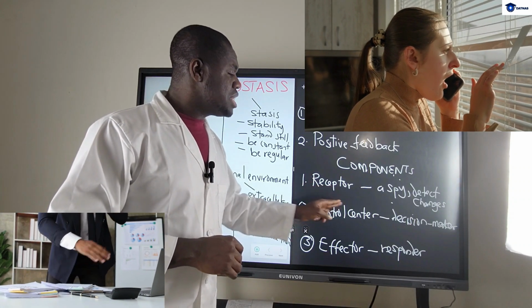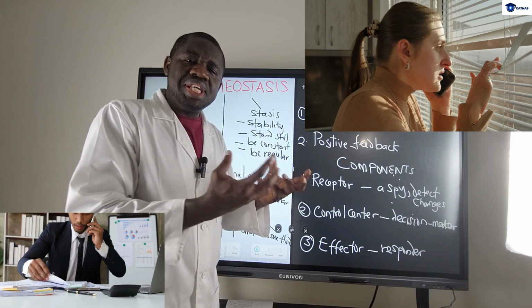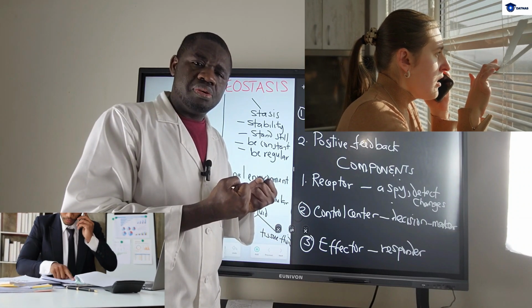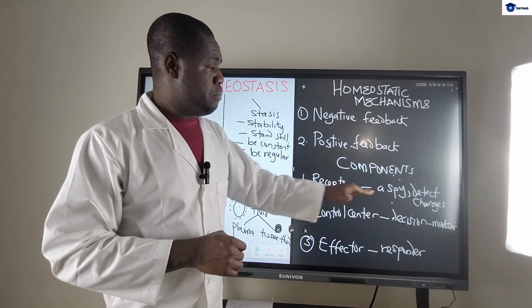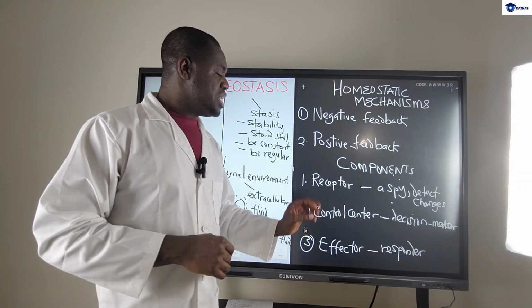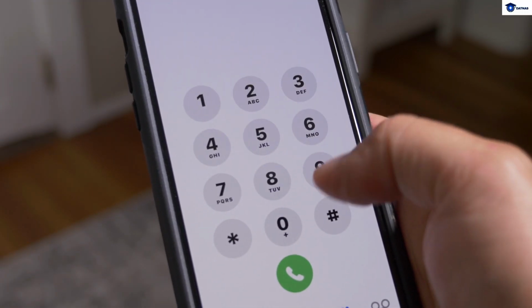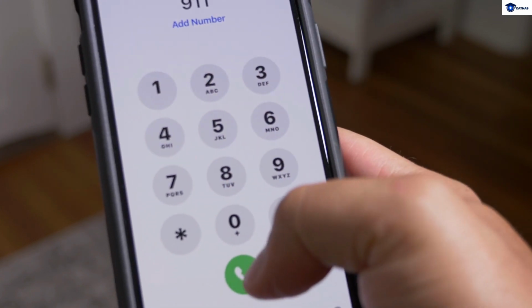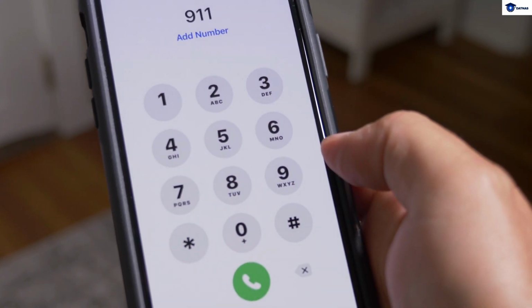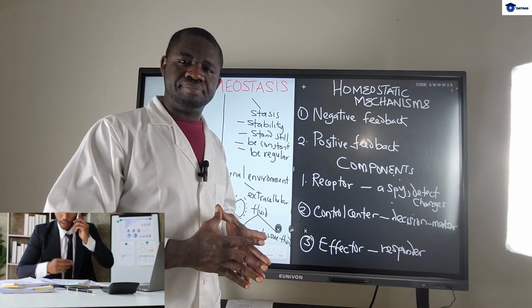So when the CEO receives the information from the spies, the CEO now calls 911. He calls the police to come and respond to the situation.